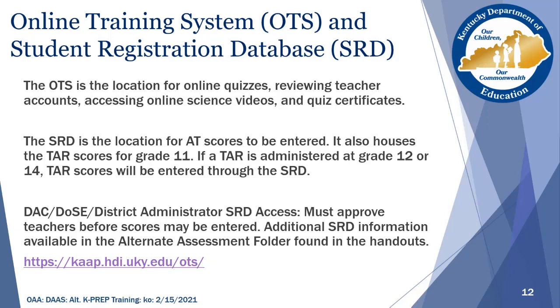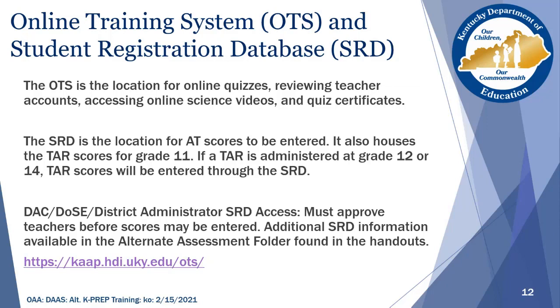So all attainment task scores, the TAR scores, and the Quality of School Climate and Safety Survey are housed in the student registration database. This system, if you'll recall, was revamped based upon new state and federal security protocols back in the fall.